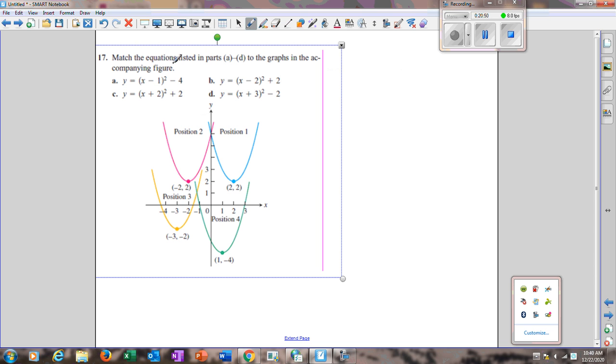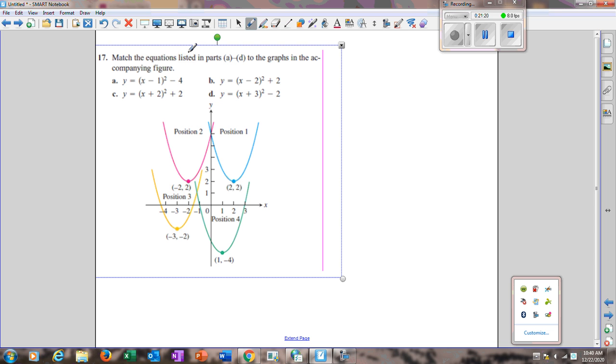And then number 7, match the equations listed in parts A through D to the graph of the accompanying figure. If you remember, x squared is a parabola centered at 0, 0. So if I'm looking at x minus 2 squared plus 2, that would be going to the right 2 and up 2. So position 1 is B. If I look at position 2, that goes left 2 and up 2.